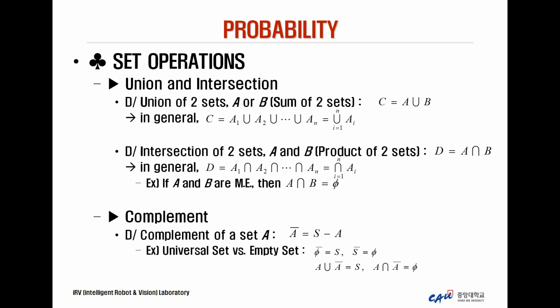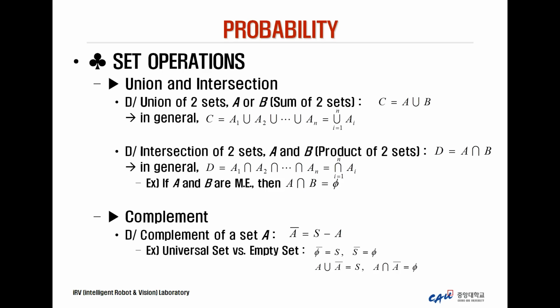The union and the intersection. The definition of union: the union of two sets, A or B. Sometimes I call this the probabilistic sum of two sets, A or B. So our new set C is equal to the set A union the set B. I will use the cup symbol there.